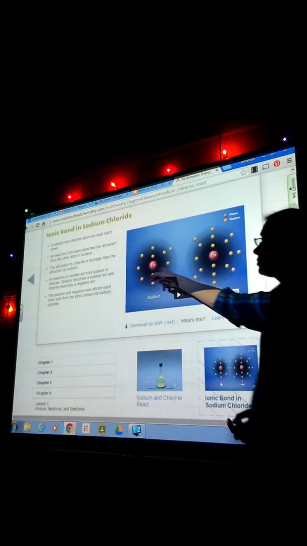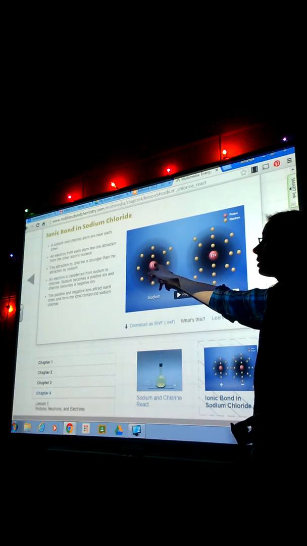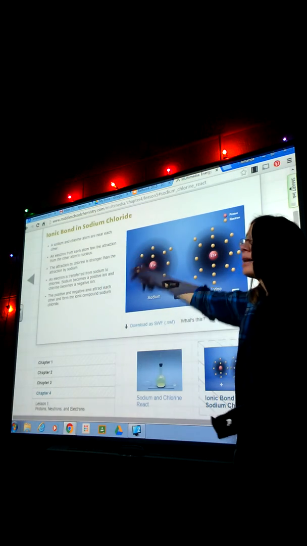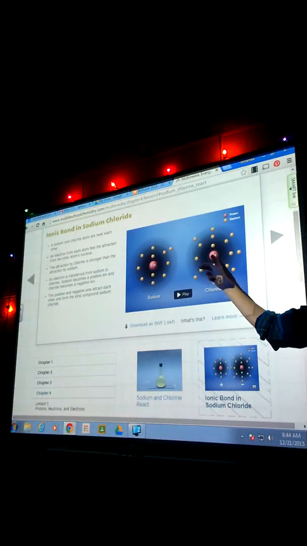The 11 positive protons in the center cancel out the 11 negatively charged electrons. That makes sense, right? You have 11 positive, you have 11 negative. The overall charge is 0. Same thing for the chlorine. 17 protons, 17 electrons. 17 positive plus 17 negative is 0 charge.